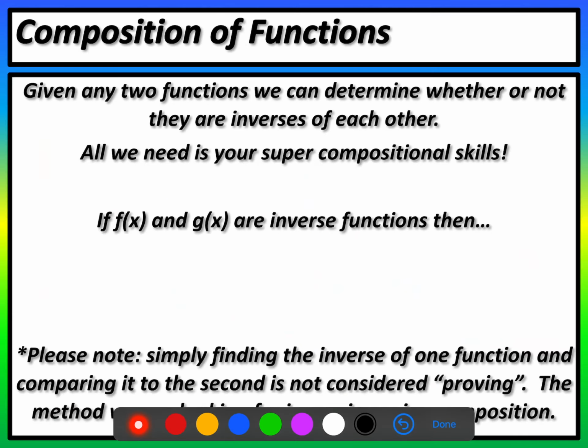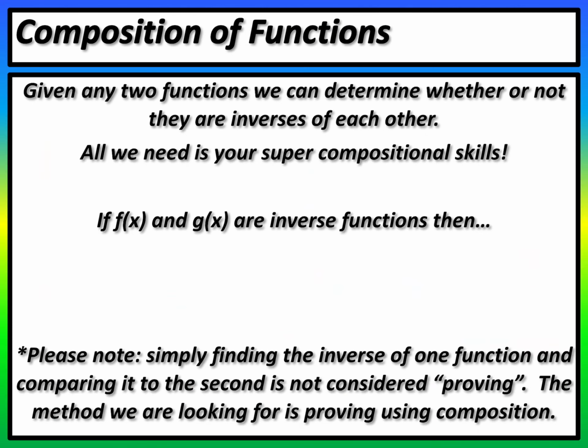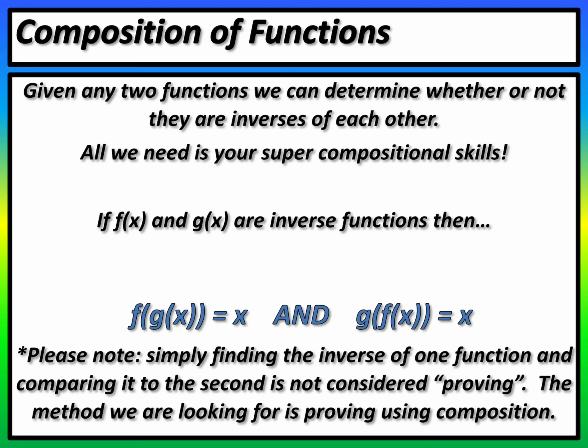Now part 2, okay, is about proving that functions are inverses. Okay, so I'm hoping that this is a review from Algebra 2 as well. So we have to use composition to prove that functions are inverses.